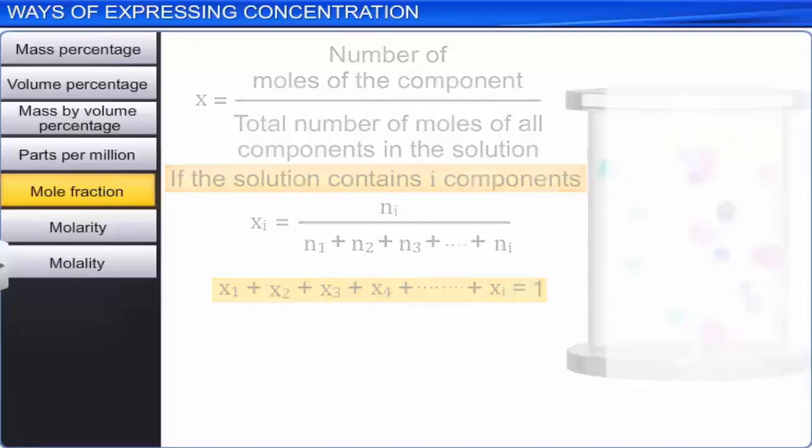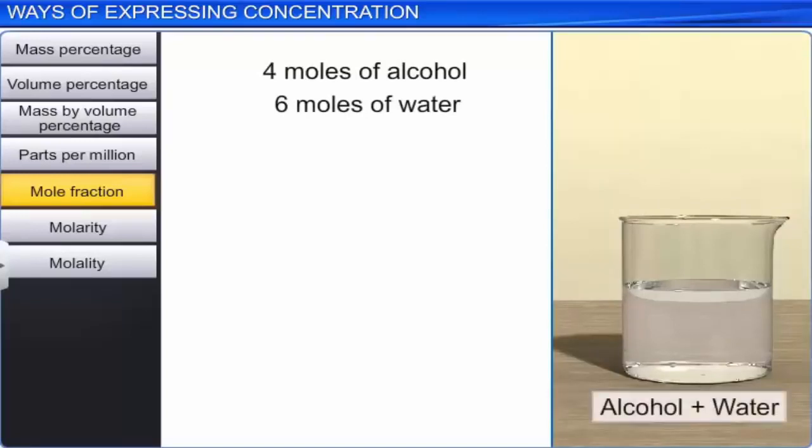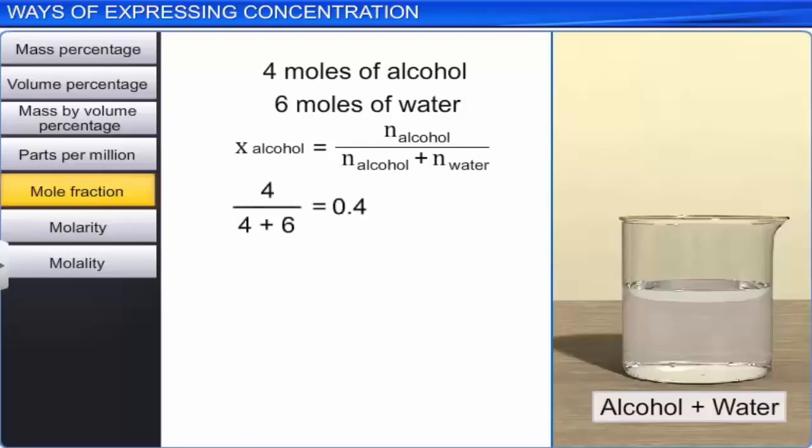For example, if a solution contains 4 moles of alcohol and 6 moles of water, then the mole fraction of alcohol can be calculated by substituting the number of moles of alcohol and the number of moles of water in the formula. Thus, mole fraction of alcohol equals 4 divided by 4 plus 6, which is equal to 0.4.